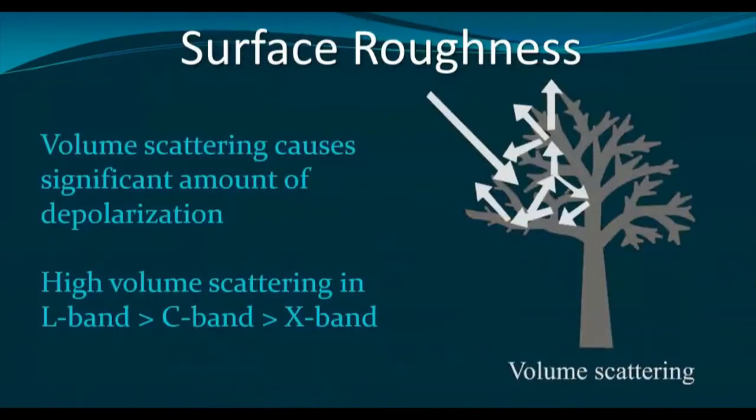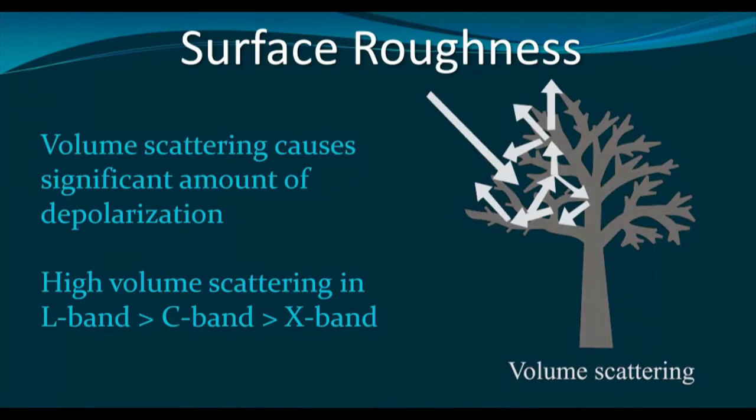Next is volume scattering. In the surface roughness category, volume scattering is another important thing, in which the energy penetrates the vegetation canopy, and within the forest we may have several branches and leaves.